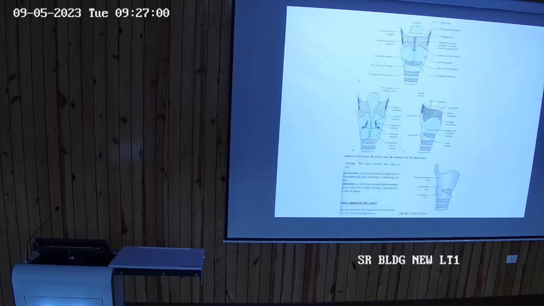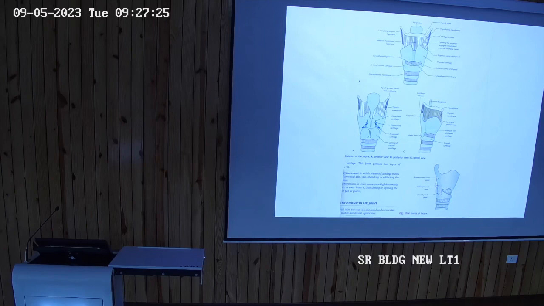Now look at this part. I am talking of these. This is the thyroid cartilage. Below the thyroid cartilage, this is the cricoid cartilage, the anterior arch of the cricoid cartilage. And look at the posterior part. This is the epiglottis anteriorly. And posteriorly, if you see the leaf-like epiglottis, the narrow part below is called the stalk of the epiglottis.